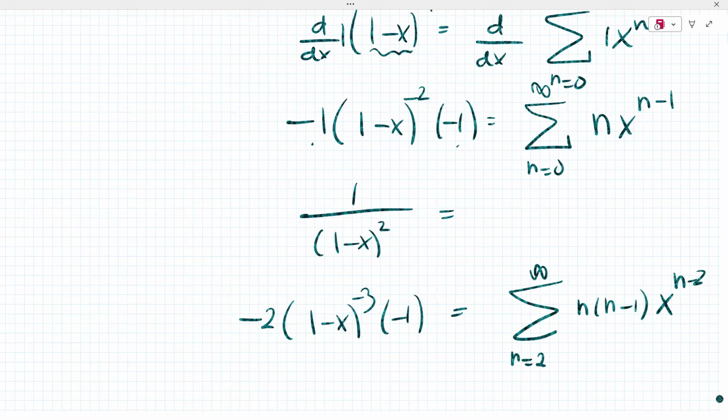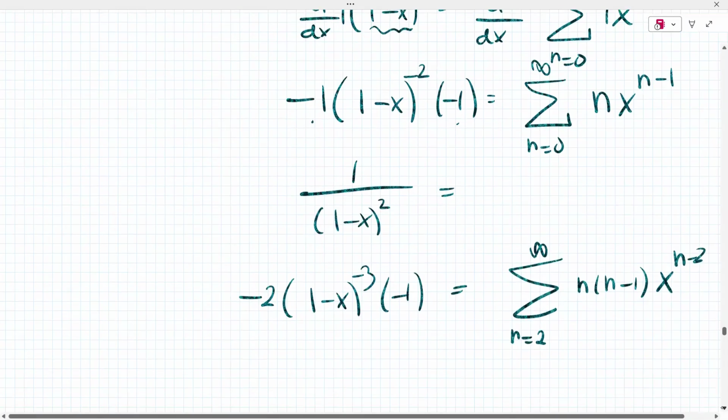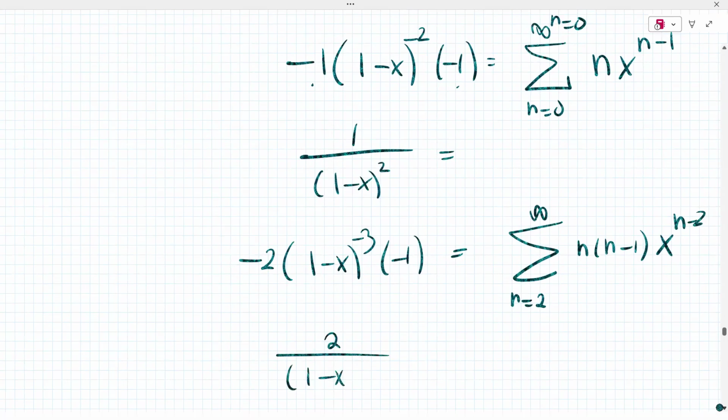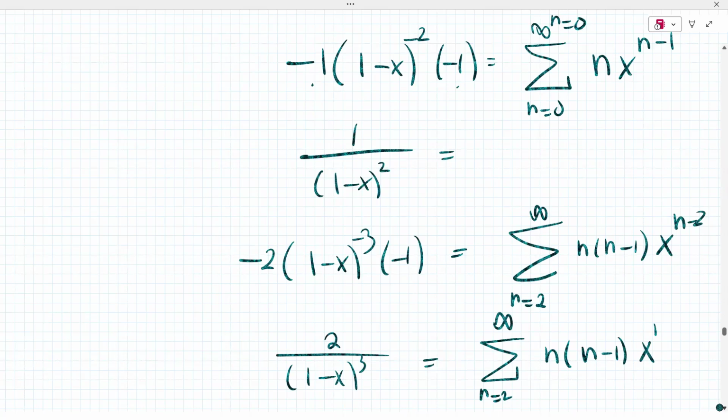So what I would do next is, over here, if you clean this up, negative 2 times negative 1 is positive 2. Minus 2. And then on the right, it's going to be simplified as the summation of n equals 2 to infinity of n times n minus 1, x raised to the n minus 2.